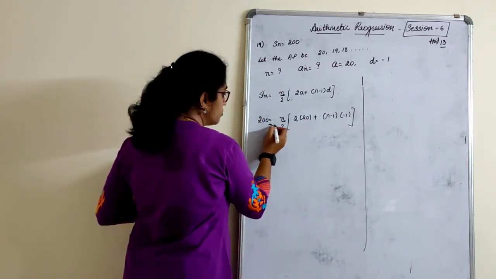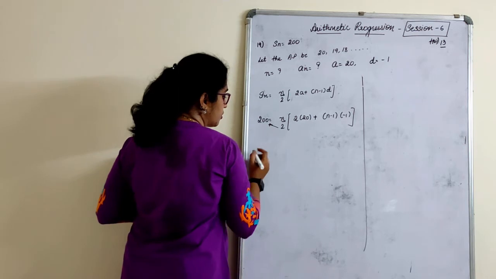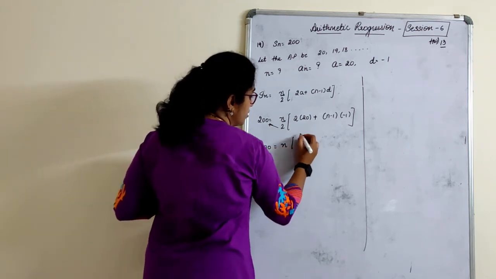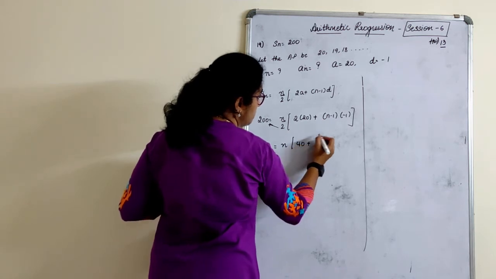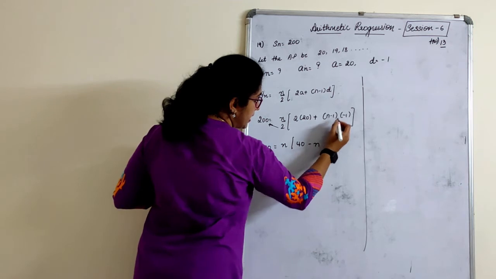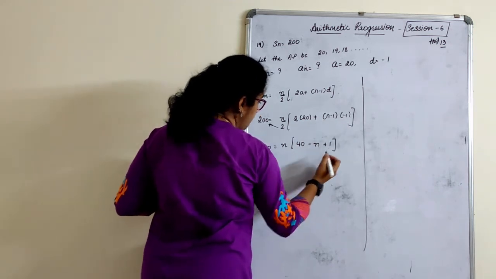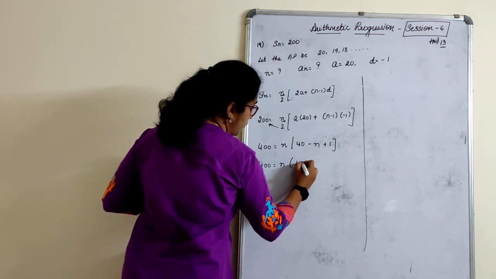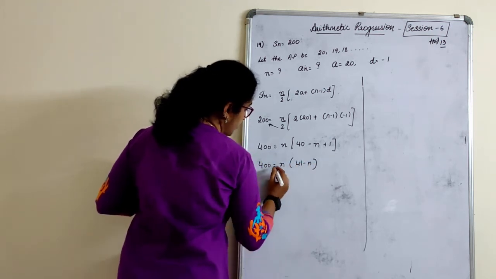I'll send this 2 down, I'll send this 2 here for cross multiplying. 400 is equal to n into 40 minus 1 into n, minus n, minus into minus plus 1. 400 is equal to n of 41 minus n.